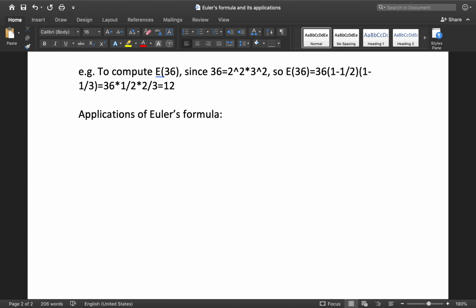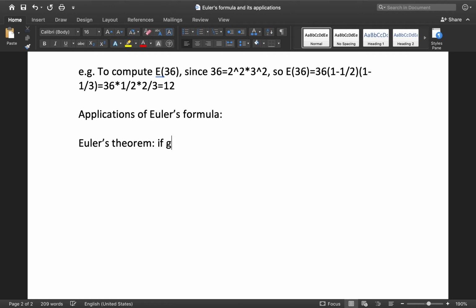Now one of the important applications of this Euler's formula is the following Euler's theorem. This Euler's theorem tells you a very important equation, or you can say relation, between numbers relatively prime to each other and the congruence relation.